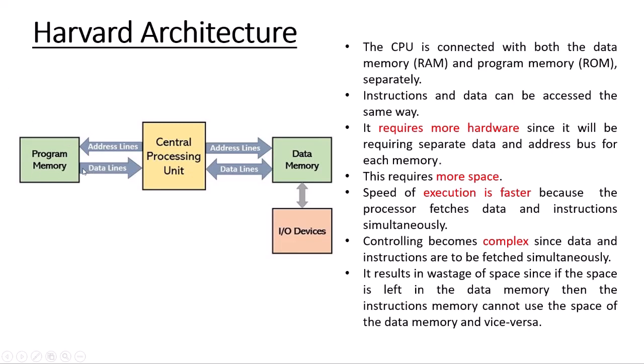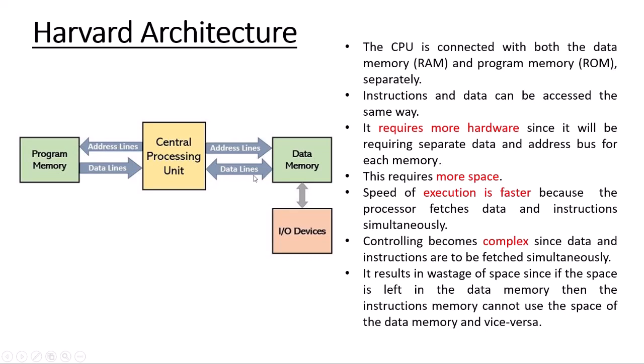Since it has separate memories, it requires separate buses to access program and data memory. So it is possible to access program memory and data memory simultaneously. Because of two sets of system buses, program memory and data memory can be accessed simultaneously, and because of which the execution is much faster.